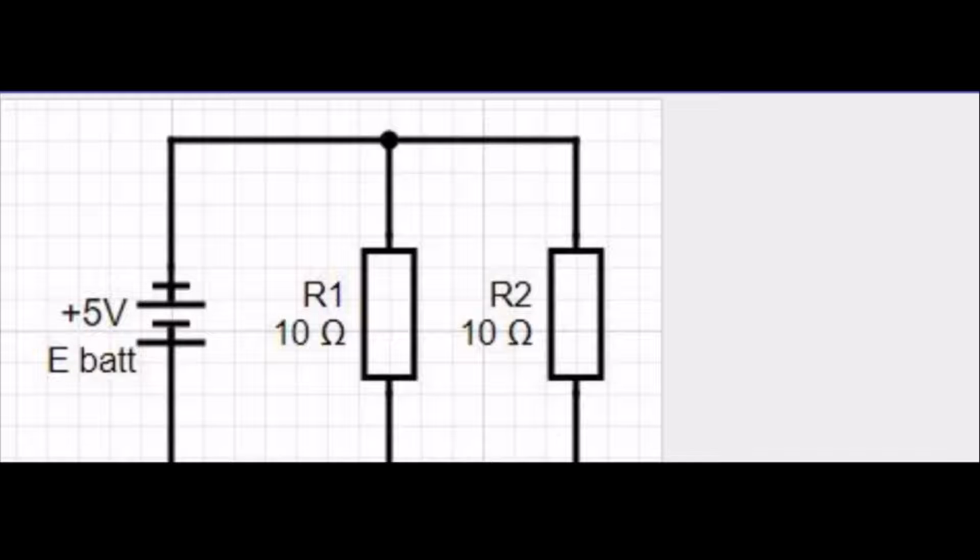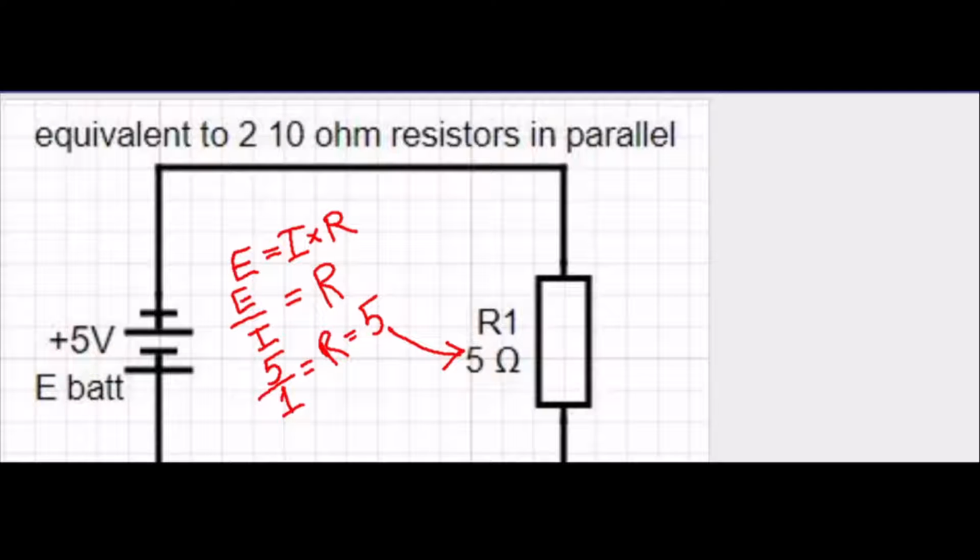And if you remember, what we came up with as an equivalent was a single resistor. And our single resistor was a 5 ohm resistor. Now, how do we get from 2 10 ohm resistors to a single 5 ohm resistor?